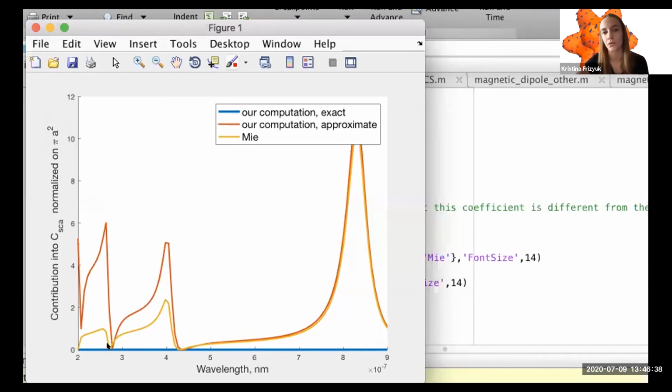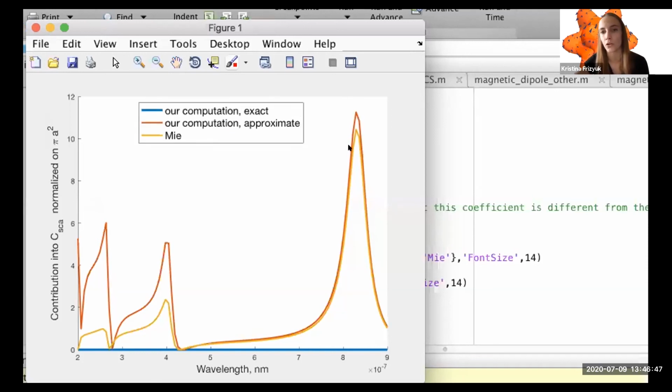You see that you have some divergence with Mie theory here, but here there is almost a coincidence, because the approximate formula only works properly for big wavelengths. But your aim is to compute the same line by an exact formula.